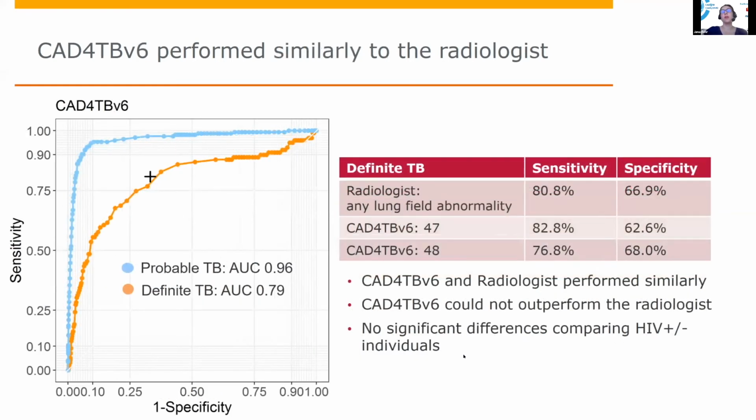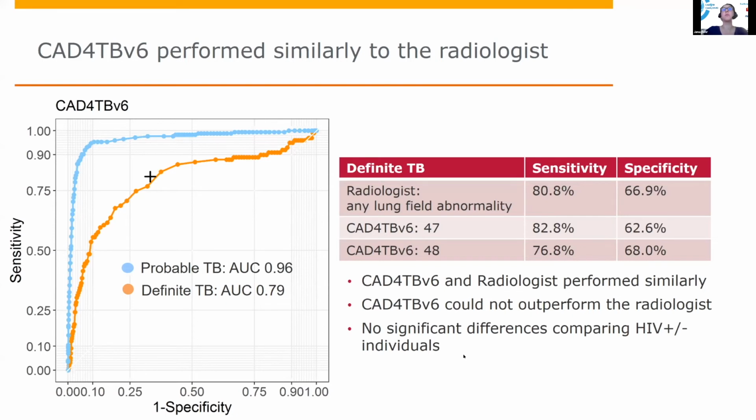After the first year of the study was completed, CAD4TB version 6 became available, and Delft recalculated the CAD scores with this new version, and we performed the analysis again. And this time we found that CAD4TB version 6 scores of 47 to 48 had the closest match to the radiologist's sensitivity.